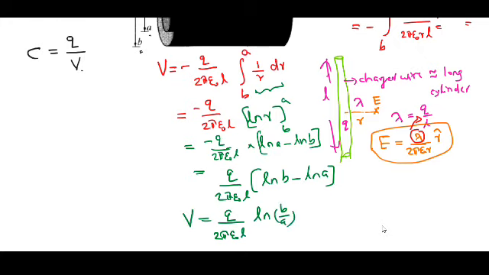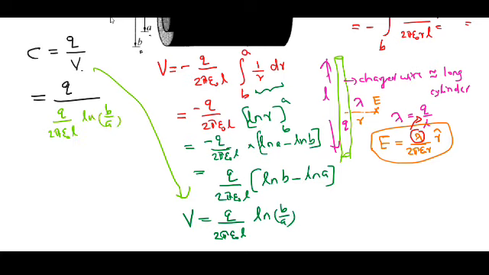This is electric potential. Then here I can write this Q divided by, instead of this V, I can substitute this one. This is Q divided by 2 pi epsilon 0 L natural log B by A. This is the capacitance C. Here this Q and Q get cancelled.